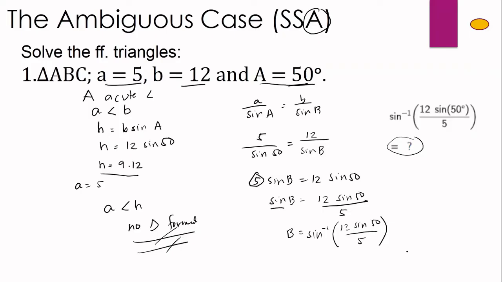Pag lumabas ay syntax error, hindi sira ang inyong calculator. Anong ibig sabihin noon? Sabi nga natin kanina, kasi there will be no triangle formed. So kahit mag-solve kayo, wala pa rin kayong masosolve. Syntax error lang yan. I hope you get it.